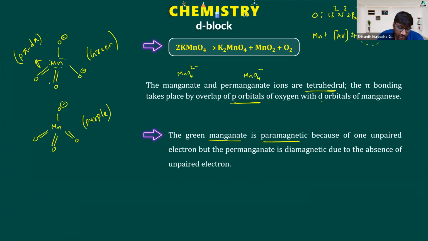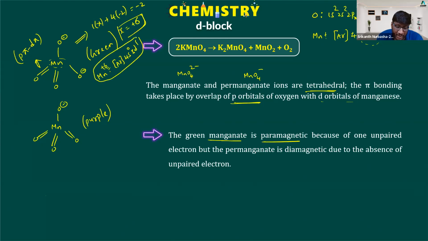In MnO4 2 minus, one manganese is 1 into X, four oxygens are 4 into minus 2, equal to minus 2, so X is plus 6. Manganese in the plus 6 state has the configuration argon 4s0 3d1, so it has one unpaired electron.